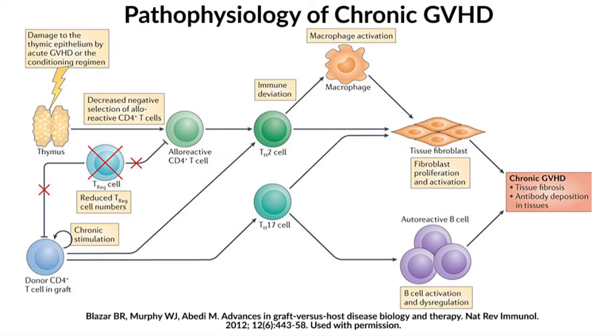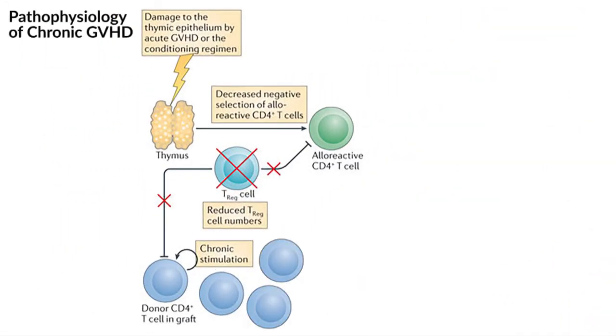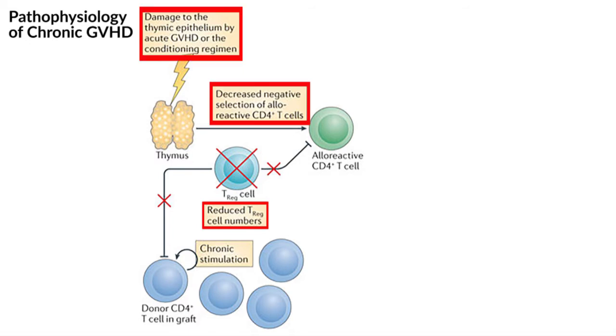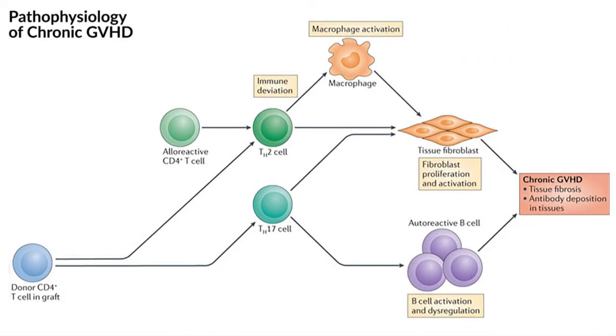The pathophysiology of chronic graft versus host disease is quite different. In this case, what we see is expansion of the donor T cells in response to the alloantigens or the autoantigens that is not regulated by the normal thymic or peripheral deletion that we see in healthy, normal subjects. The T cells then attack the damage via two ways.